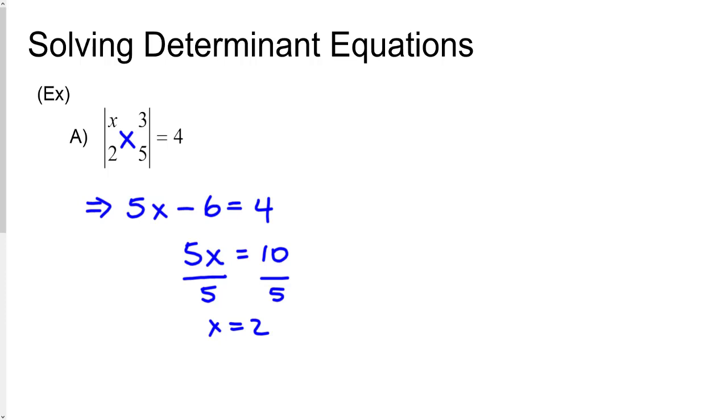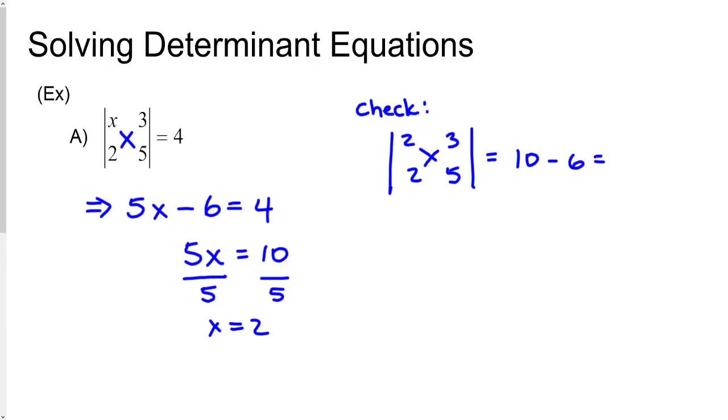So if I replaced 2 into this matrix, I would get a determinant that's equal to 4. So 2, 3, 2, 5. Let's see what happens. So 2 times 5 is 10, minus 3 times 2 results in 4. So it checks out.